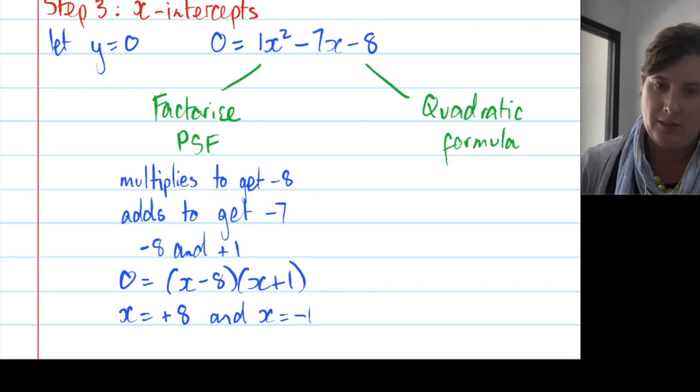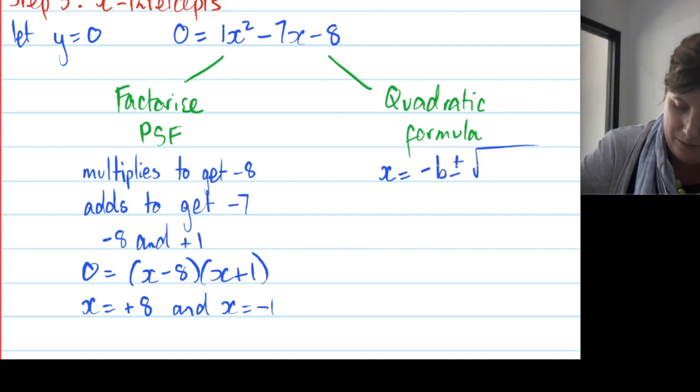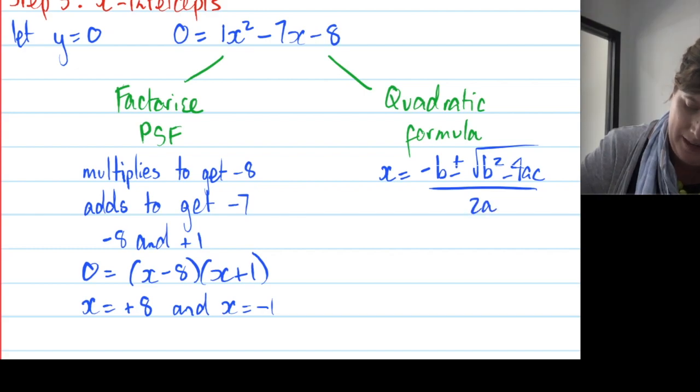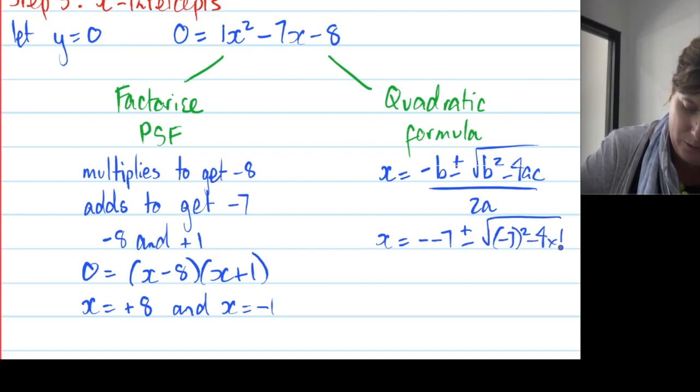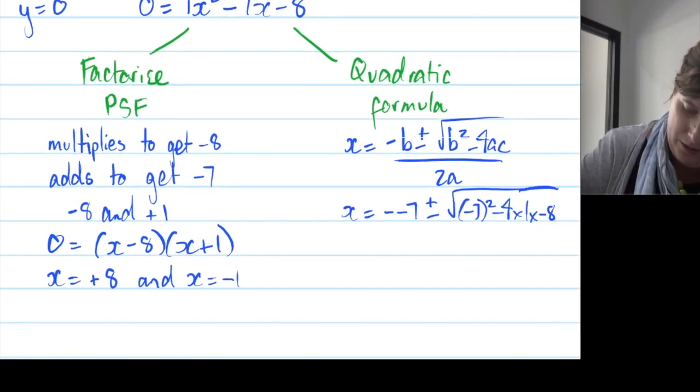If we wanted to do this in the quadratic formula instead, we'd get the same answer. X equals minus b plus minus the square root of b squared, take 4ac all over 2a, which would give us negative 7 plus minus the square root of negative 7 squared, take 4 times 1 times negative 8, all over 2 times 1.